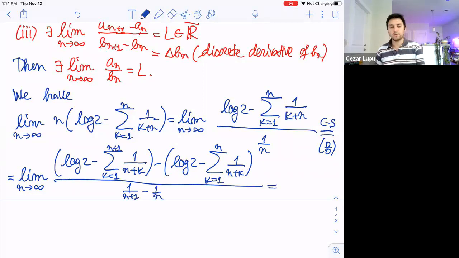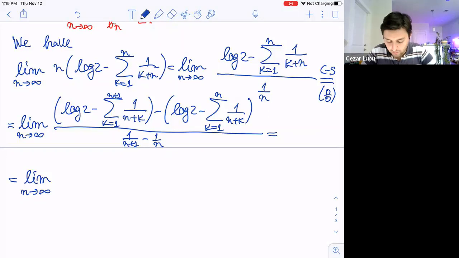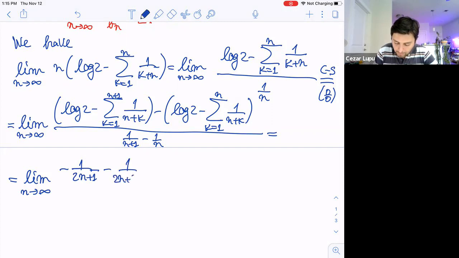And this will be the limit of 1 over 2n plus 1, minus 1 over 2n plus 2, plus 1 over n plus 1, everything over 1 over n plus 1 minus 1 over n.